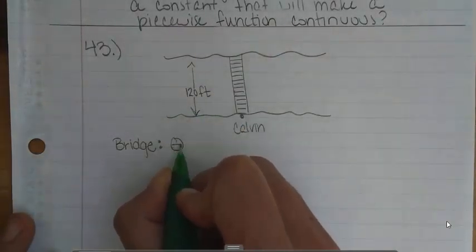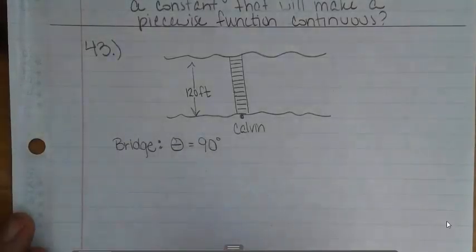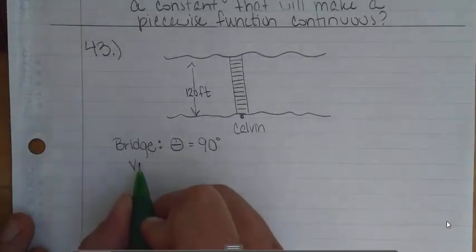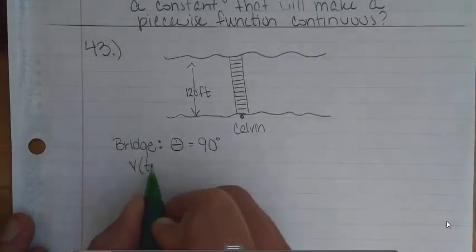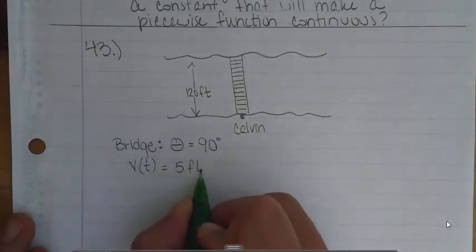So we can call his angle 90 degrees. And if he crosses the river using the bridge, his velocity with respect to time is going to be 5 feet per second.